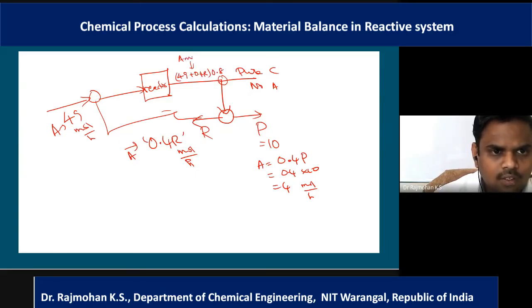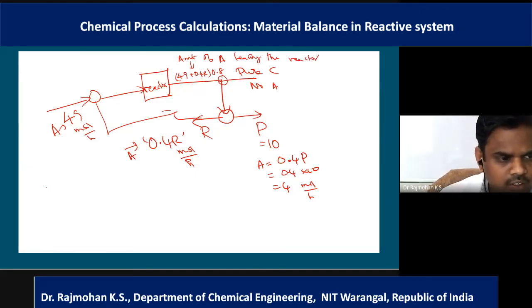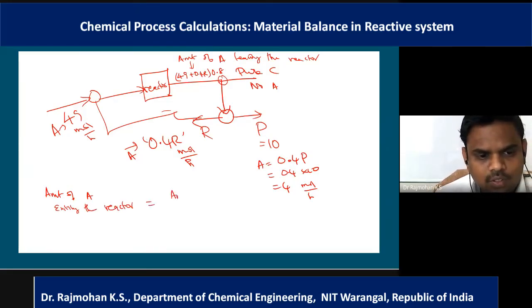This is equal to the amount of A exiting the reactor, which is the amount of A in net product plus the amount of A in R plus the amount of A in purge.